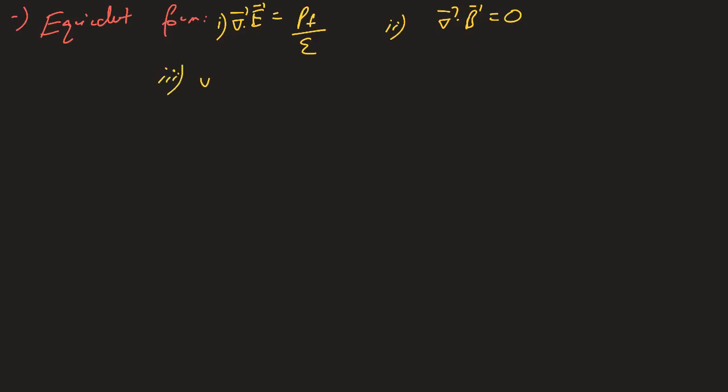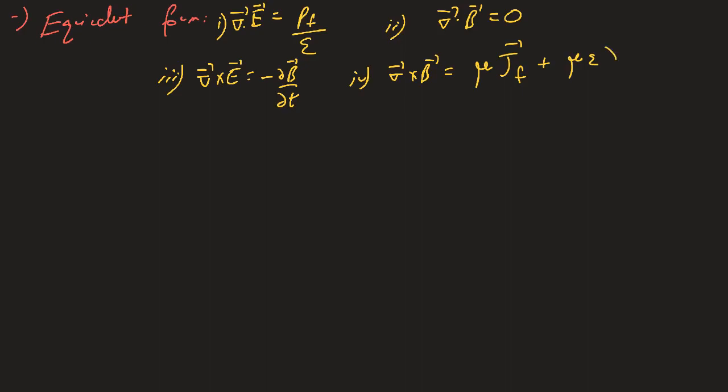Equation 3 becomes del cross E is minus partial B by partial t, and equation 4 becomes that del cross B is equal to mu times the free current plus mu epsilon times partial E by partial t.